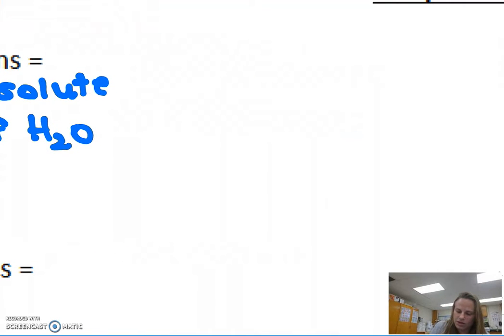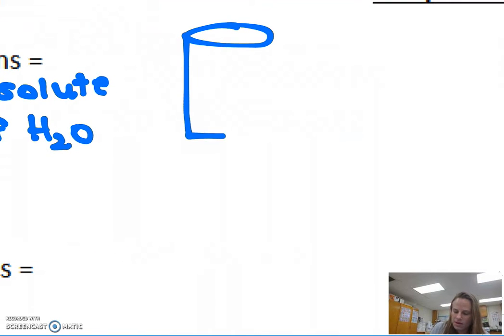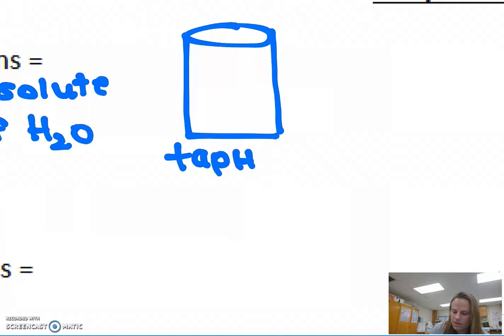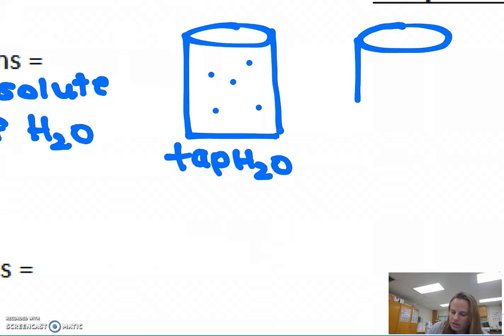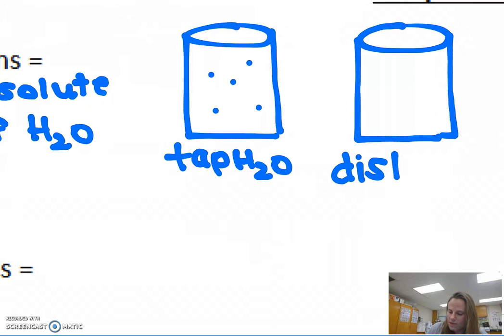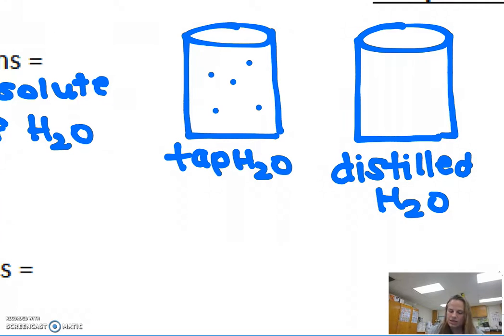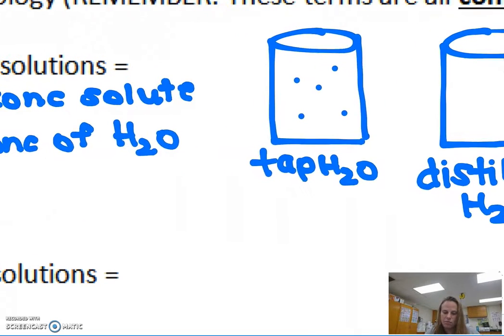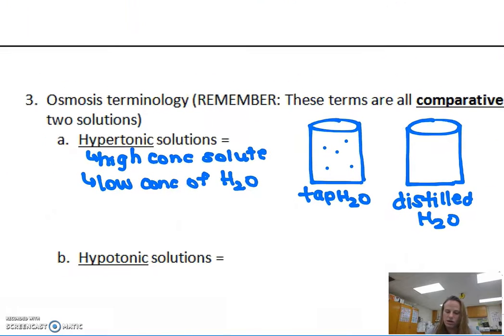Let's say I've got a beaker that's got tap water, so it has some minerals, maybe fluoride in it, as compared to a beaker of distilled water. In this case, how would it compare? Well, because my tap water has more solute than water, it's considered hypertonic.